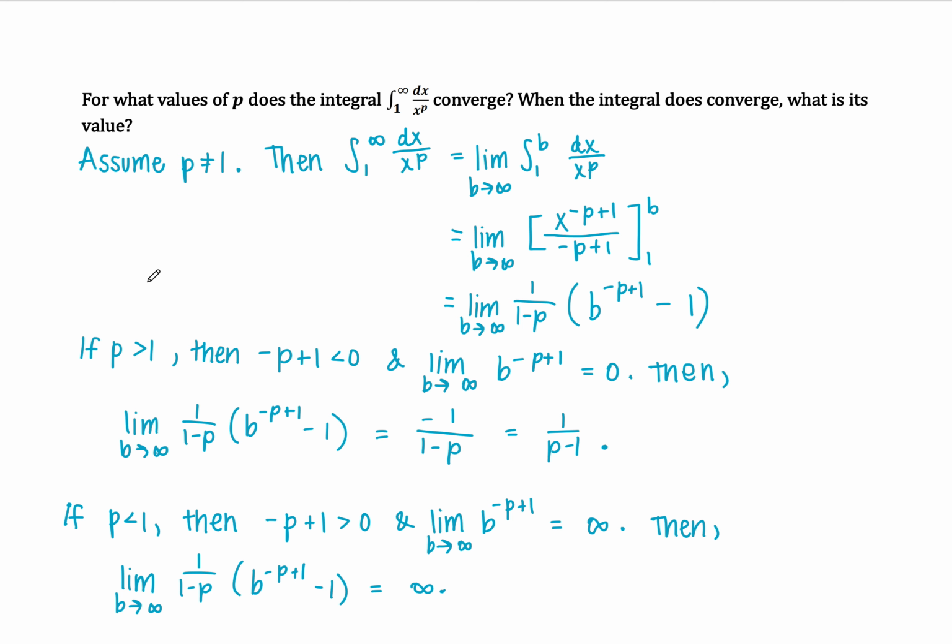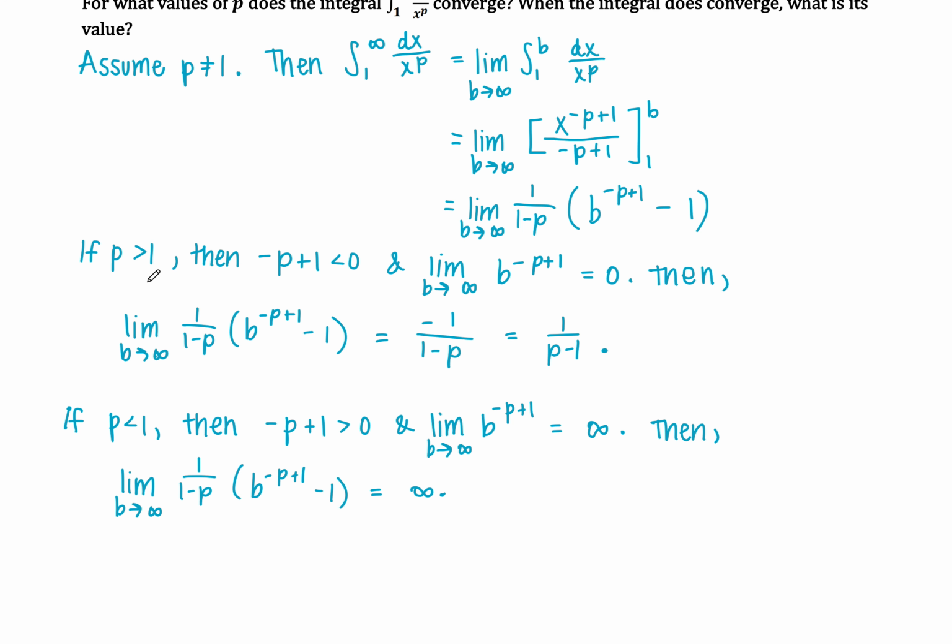But what about when p equals 1? Well, let's look at that case. And the reason we're going to pull this separately is it doesn't use the power rule to integrate. If p is 1, and then I'll go ahead and rewrite it, then dx over x to the p is going to be the limit as b approaches infinity of the integral from 1 to b, and it's going to be dx over x.